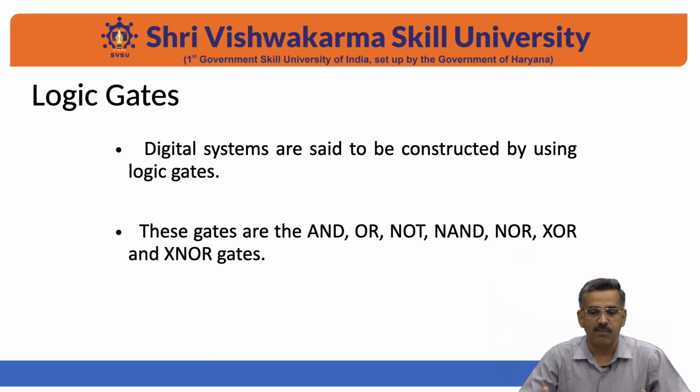In this way, we have an output which is dependent upon these inputs of 0.9 volt or the higher voltage, that is 4 to 5 volt. Logic gates are circuits whose output is totally dependent upon the input according to the logical representation of 1 and 0.